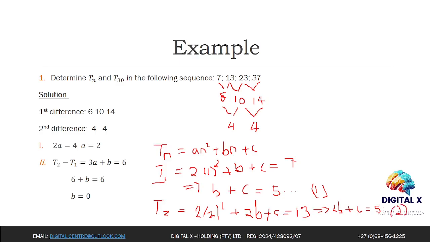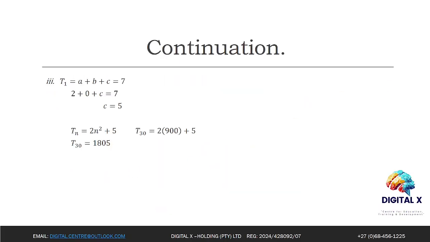So depending on how you start, you can just subtract equation 1 from 2, and what you should get is this. I hope this makes perfect sense, ladies and gentlemen. And if there's anything that you do not understand, let us know. So now let's move to the next slide.